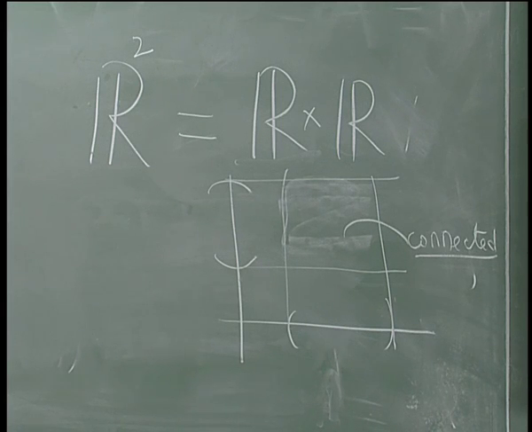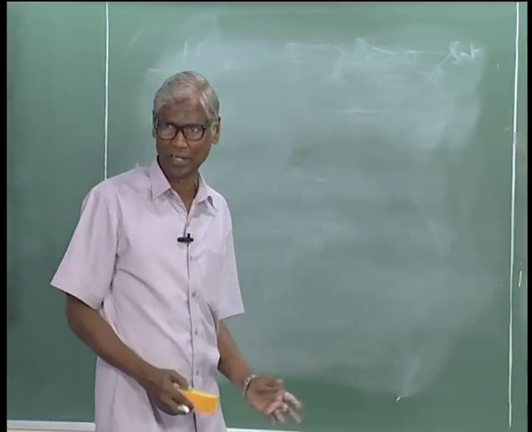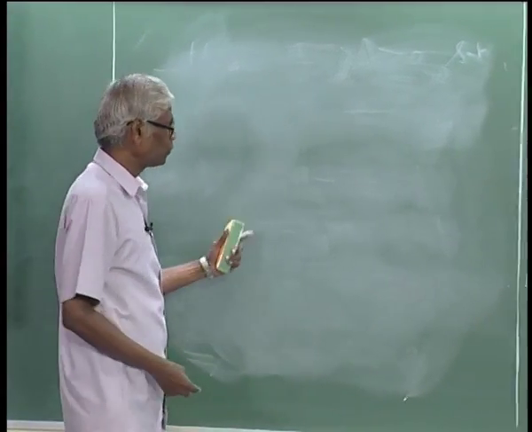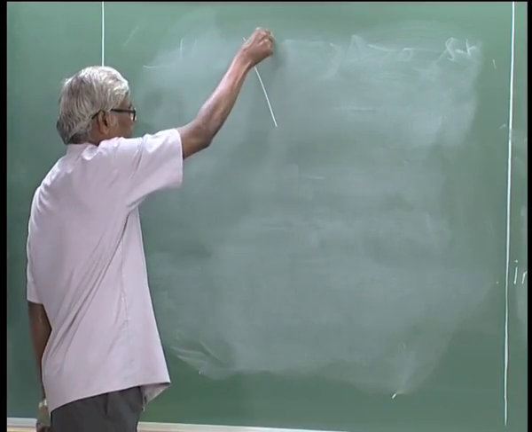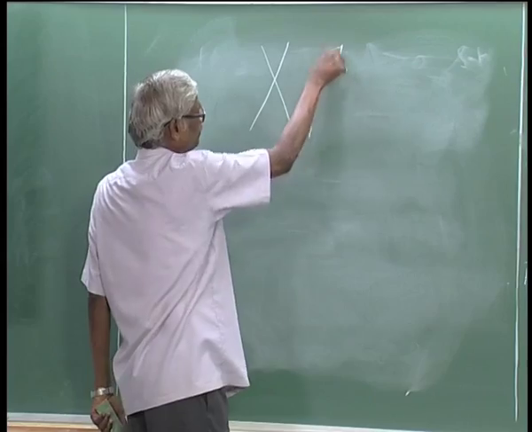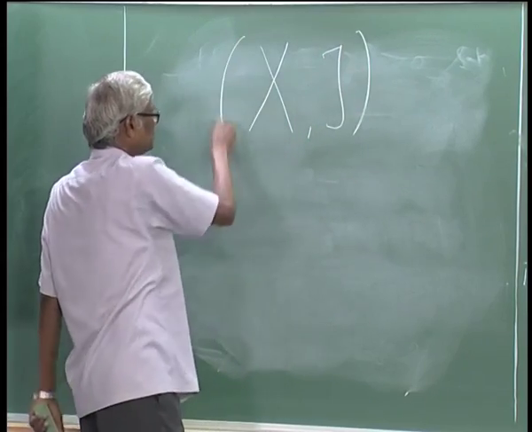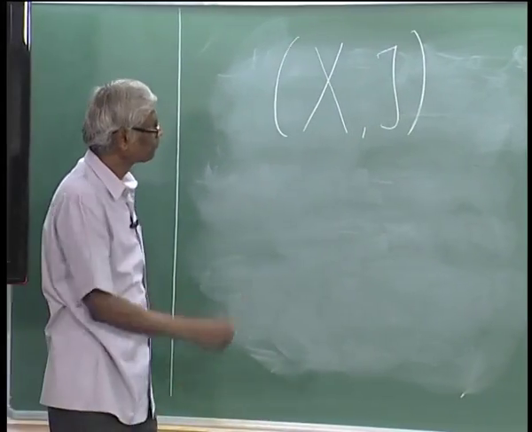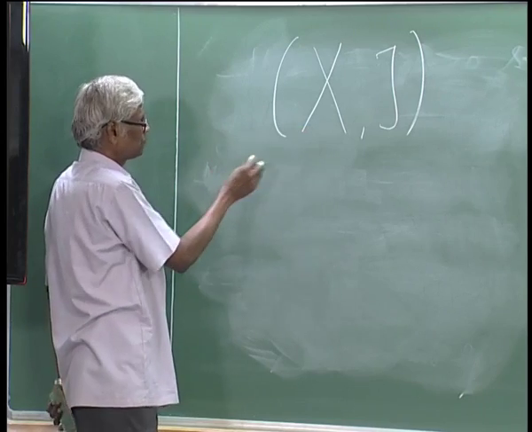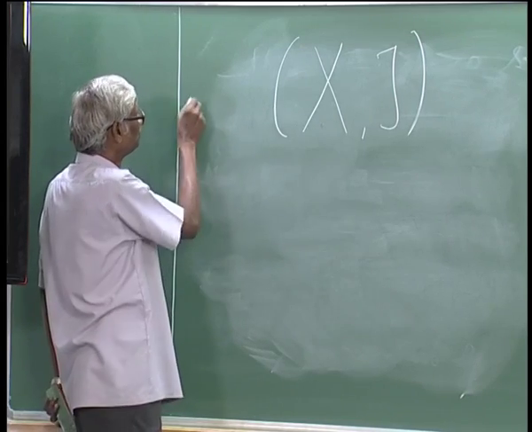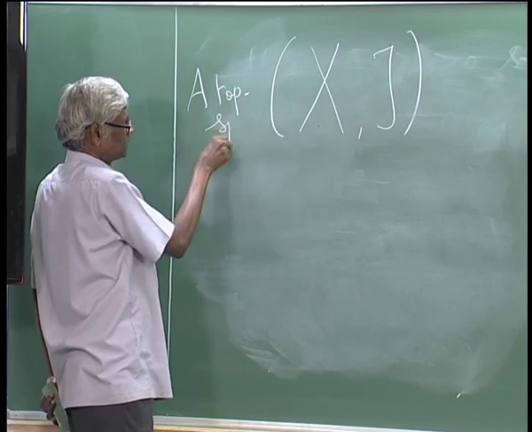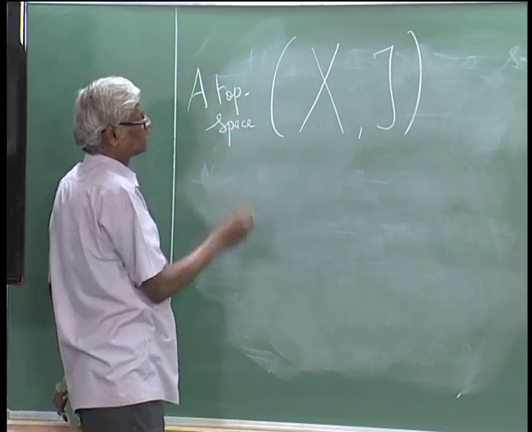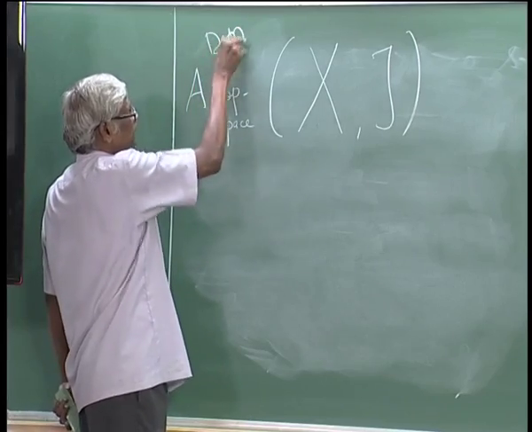Path means there is a path joining any 2 points in that space. So, we have a topological space (X, tau) like R2. This is our definition.